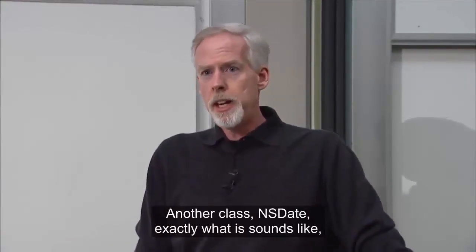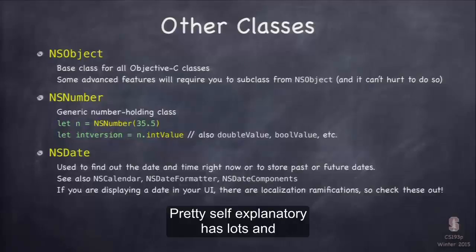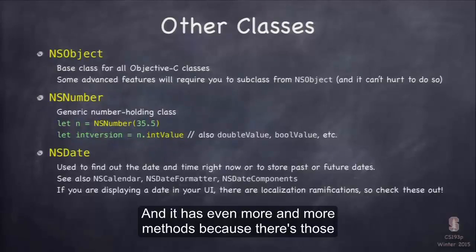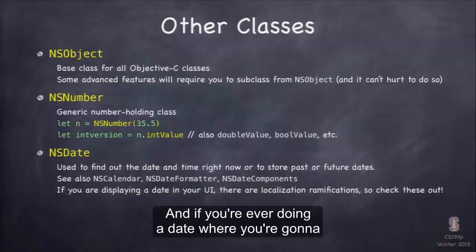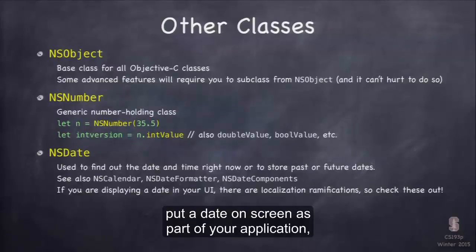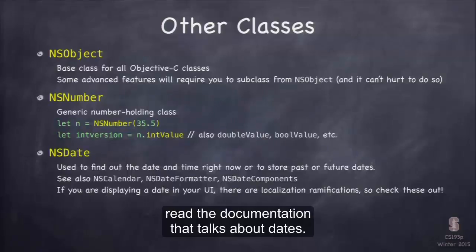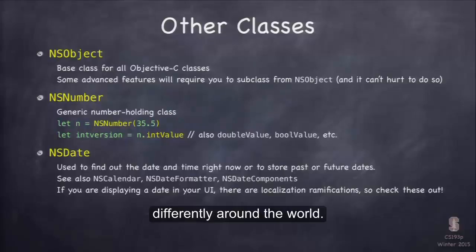Now the class NSDate. Exactly what it sounds like. It stores a date, and lets you get the current date and time too. Pretty self-explanatory, it has lots and lots of methods in it. And it has even more methods because there are those three other classes mentioned here: Calendar, DateFormatter, and DateComponents. If you're ever going to put a date on screen as part of your application, you really want to look at all these classes and read the documentation that talks about dates, because dates are displayed very differently around the world.